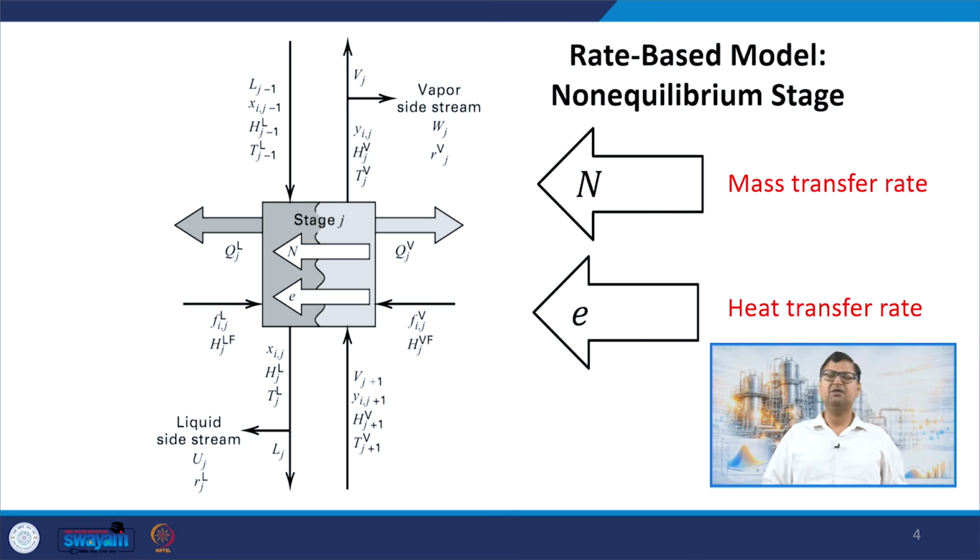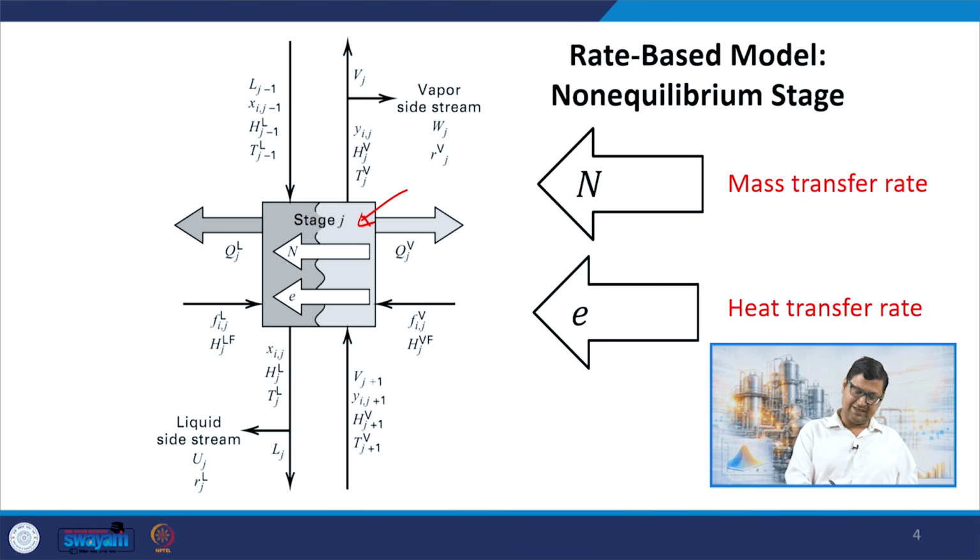and develop a rate based model. Until now we have been looking at stage j, vapor and liquid together, assuming that the vapor and liquid are in equilibrium. So we have defined the composition for the vapor in that phase and the liquid in that phase, but both of them are in equilibrium. But now let's assume that we still have a vapor and liquid, but they are not in the condition of equilibrium, right?